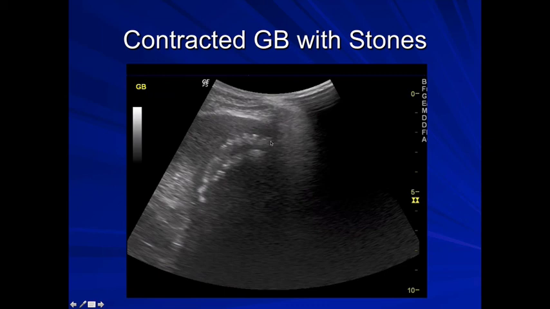But some cases are much more difficult than even this case, and unfortunately it's well recognized that sometimes this will be mistaken, in that it will be called duodenal gas or stomach gas, and the opposite situation can also occur.